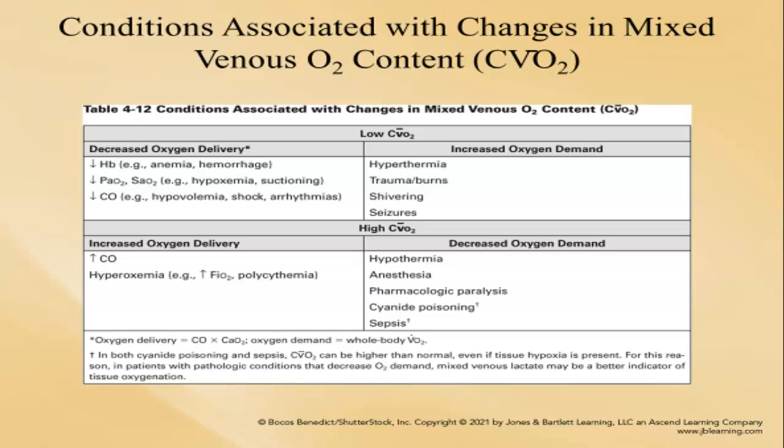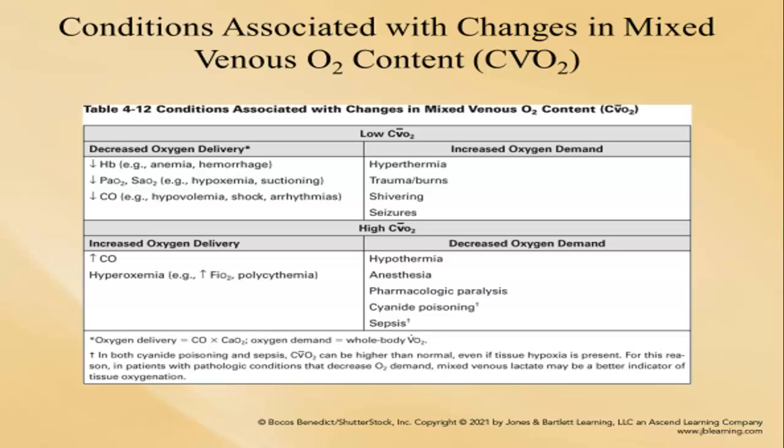Cyanide poisoning is something that occurs, and what happens is the body is unable to take that oxygen into the cells, so it stays on the hemoglobin. So if you can't pull the oxygen off the hemoglobin and into the cells, then it stays on the hemoglobin. And so what does that do to the venous side?